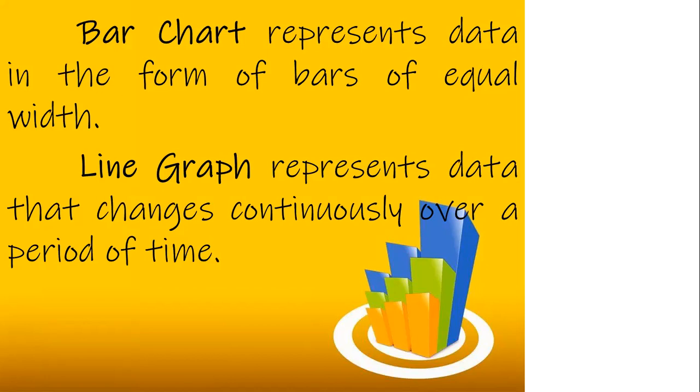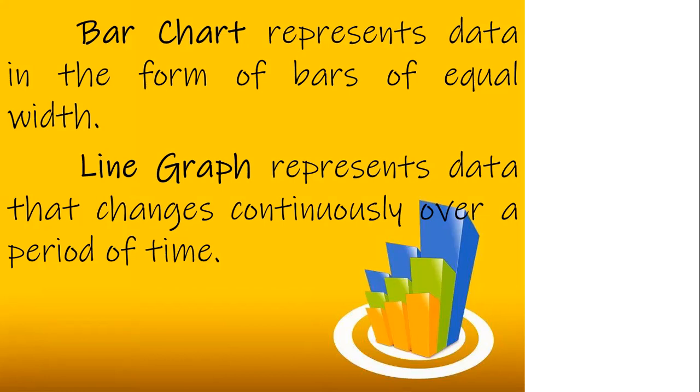Because a bar chart is similar to a histogram, and a histogram also uses bars. So be careful, because in a bar chart the bars should be equal in width. In a histogram, the bars will be presented according to frequency. And lastly we have the line graph, which represents data that changes continuously over a period of time.